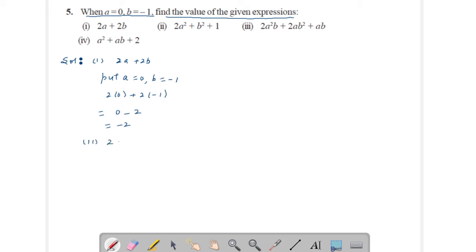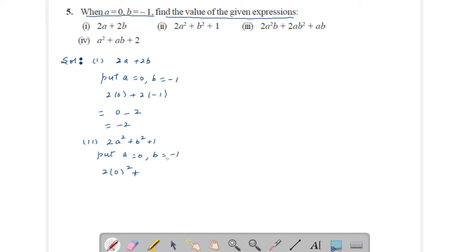Now come to second part. It is 2a square plus b square plus 1. Put a equal to 0, b equal to minus 1. What will you get? 2, replace a by 0. You will get 0 square plus b.